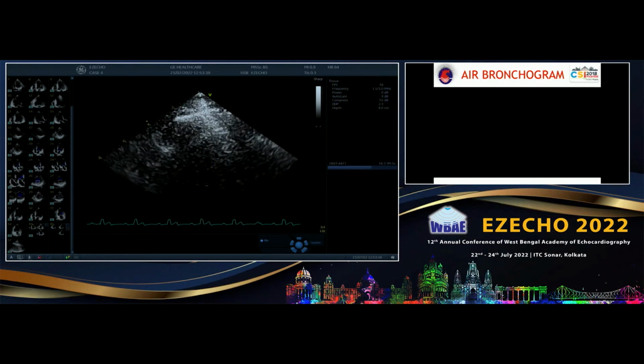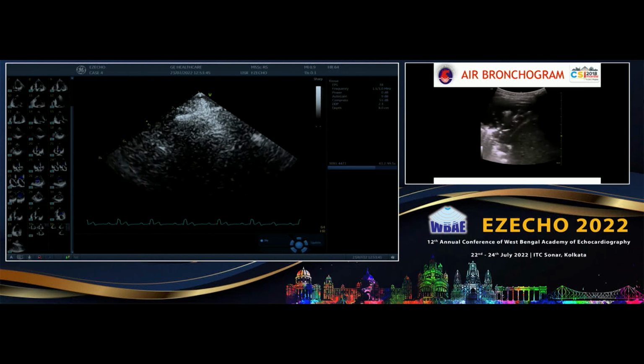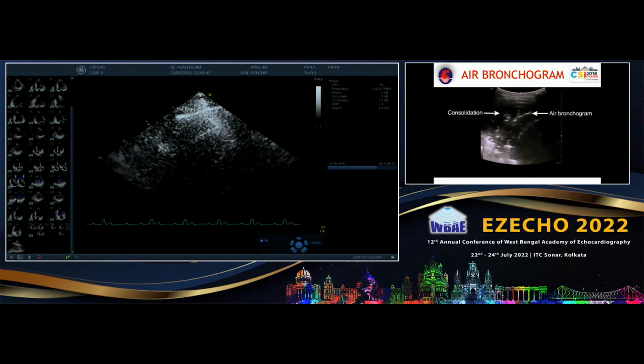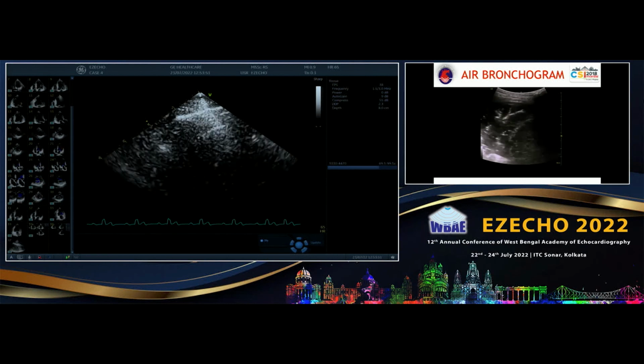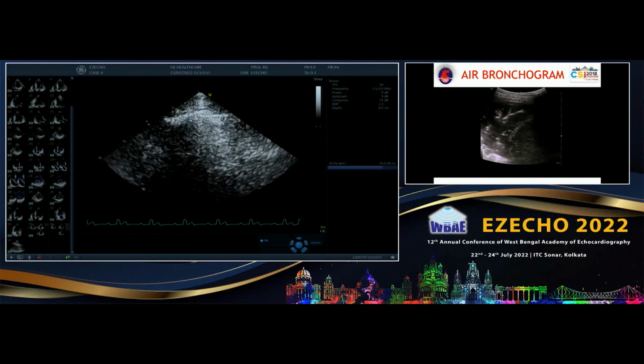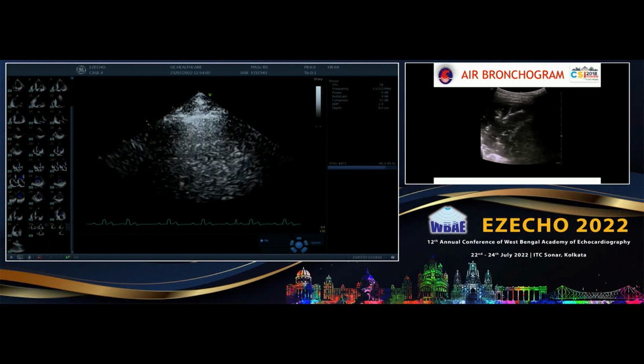And now she is keeping it very still, and you see the pleural sliding. See, this is the pleura. This is the pleural sliding.